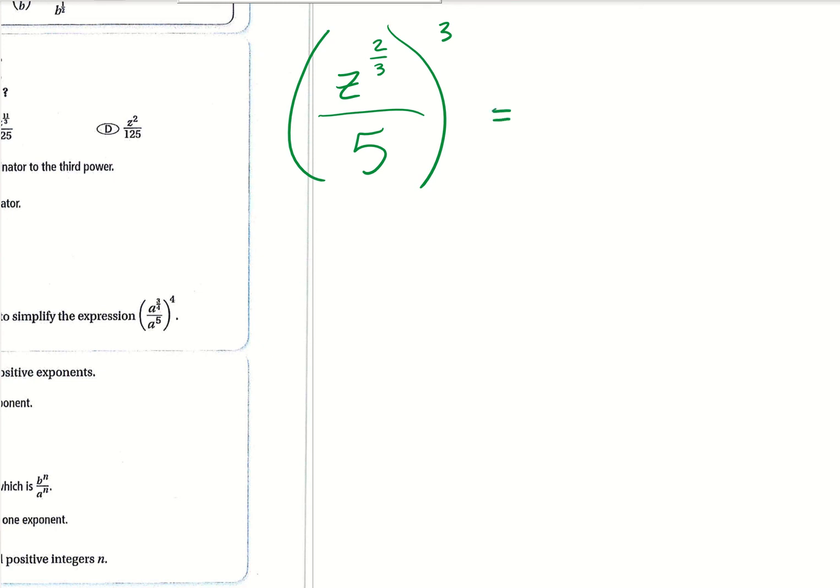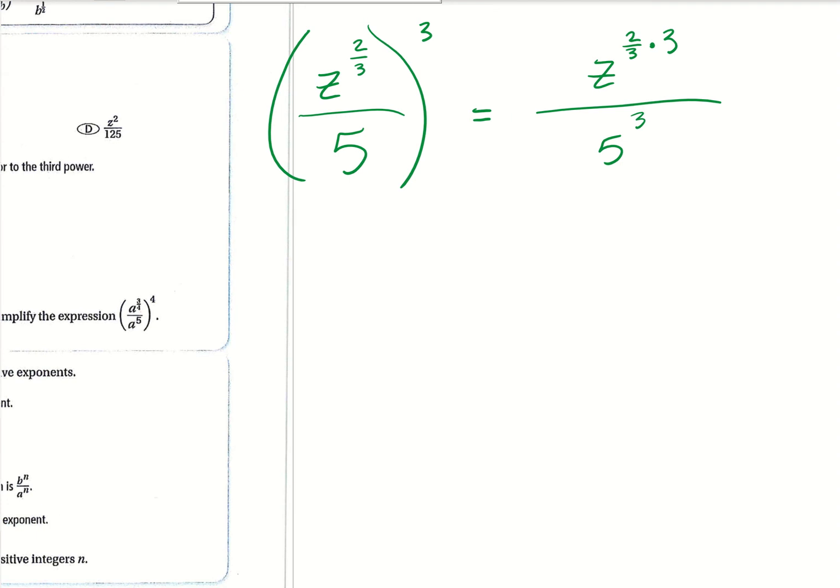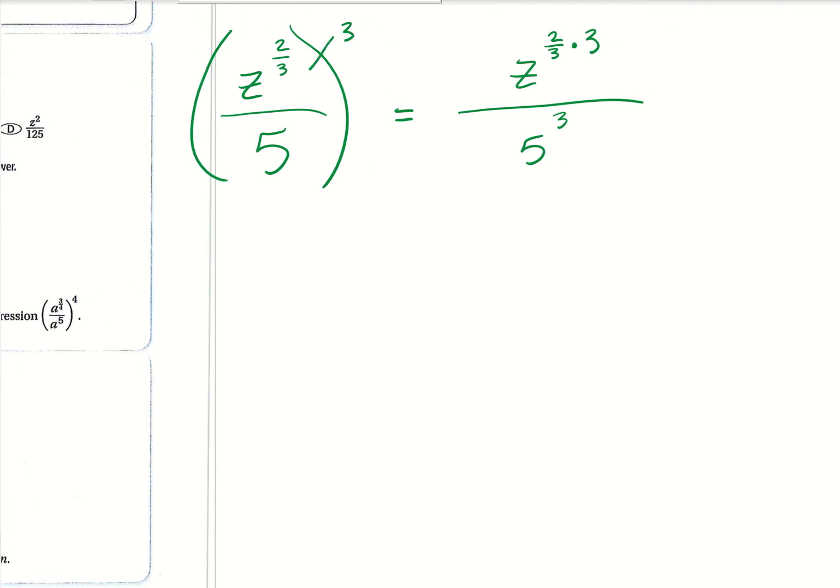First, we want to do the outer exponent of 3. So we're going to have z to the 2/3, and then remember, we multiply those exponents together, so 2/3 times 3, over, and then the 5 also gets that exponent, so that'd be 5 to the 3rd. Really we're just distributing the 3 to both the numerator and the denominator.